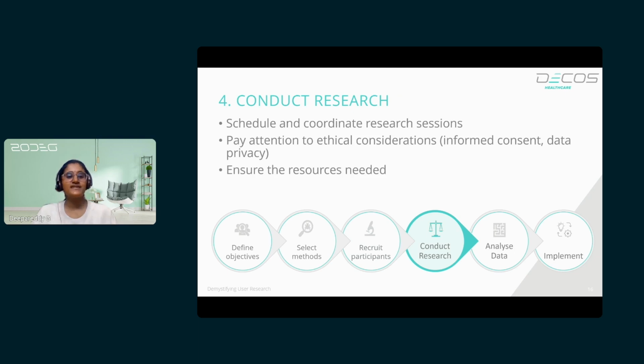For an in-person study, we may require a location, like a dedicated space, a usability lab, a UX lab, or a conference room where we can conduct the study. The second one is equipment. We will have to ensure what kind of equipment is necessary, like computers, tablets, eye tracking devices, and cameras for observing the users.